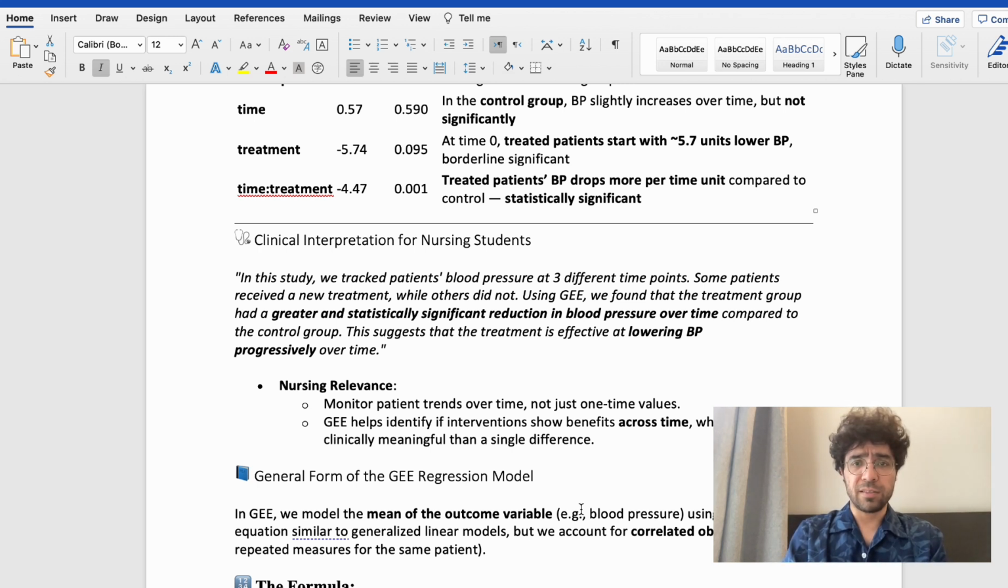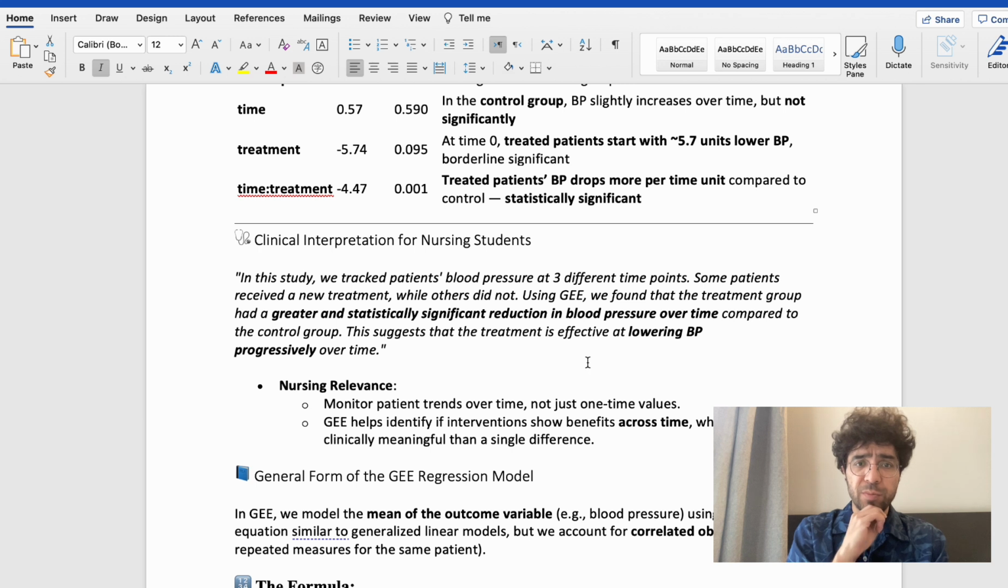Using GEE, we found that the treatment group had a statistically significant reduction in blood pressure, because of the minus in the treatment factor over time, compared to the control group.